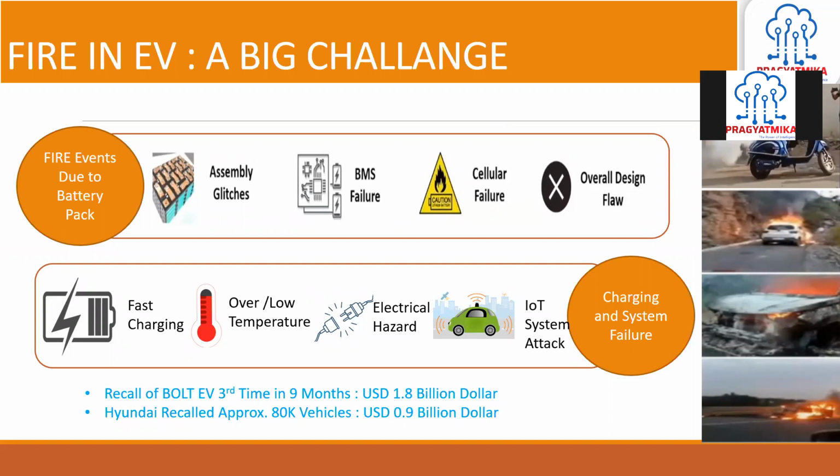So you can think that General Motors is well established, the Bolt EV is a well-established EV, and there were problems in the battery pack, and it had to recall 3 times within 9 months. And you would be amazed that there was no issue of design or of manufacturing of the battery pack.